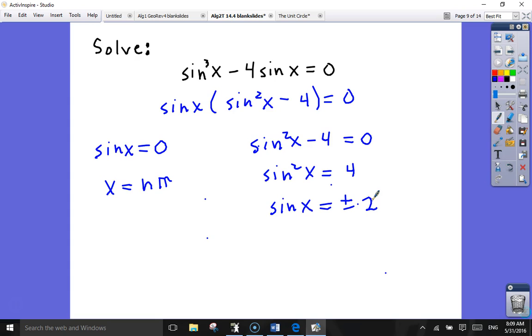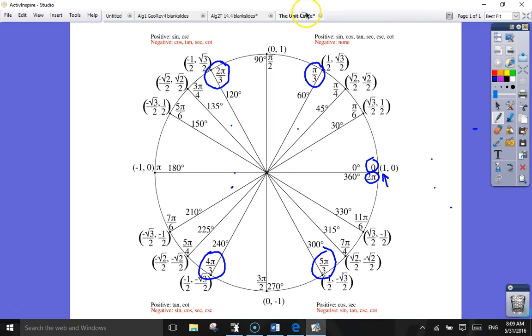Well, what's the range of the sine function? -1 to 1. Just look at the unit circle. We start at 0, we go to 1, we go to 0, we go to -1, and we just keep repeating ourselves. It's always between -1 and 1.